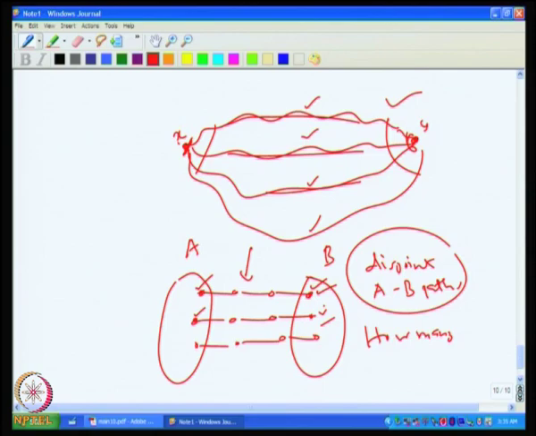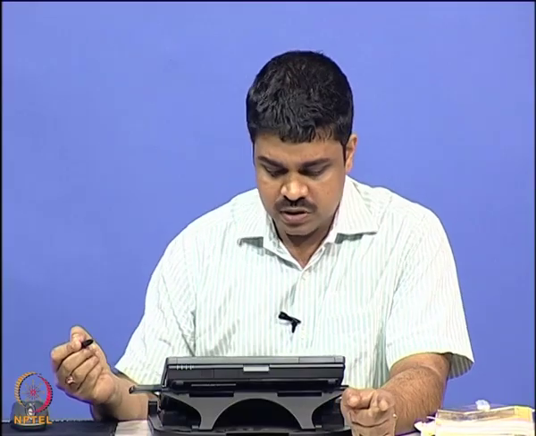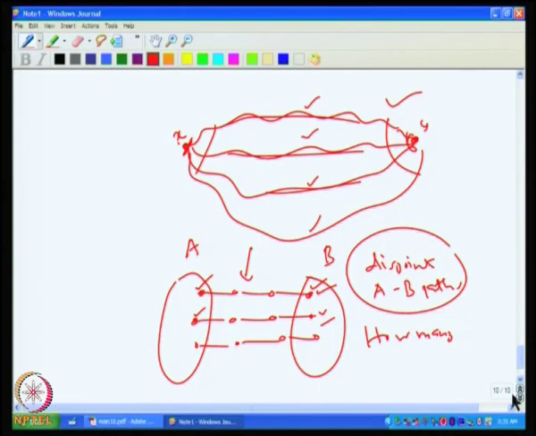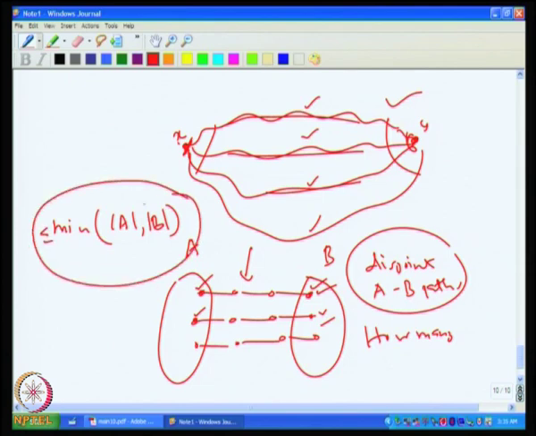So in other words, how many such AB paths can there be? Definitely we cannot have more than the minimum of the cardinality of A comma B, right? So that is an upper bound for the number of possible disjoint AB paths. So this is the parameter we will be studying.